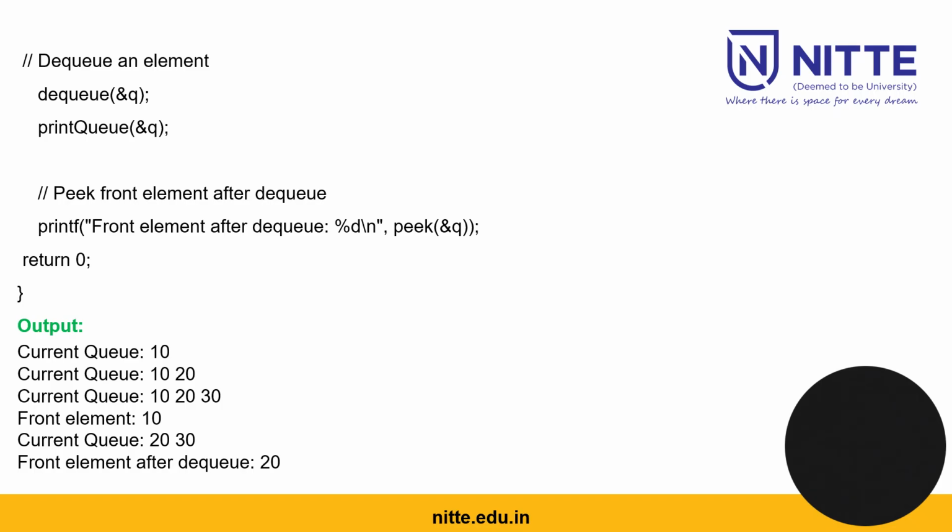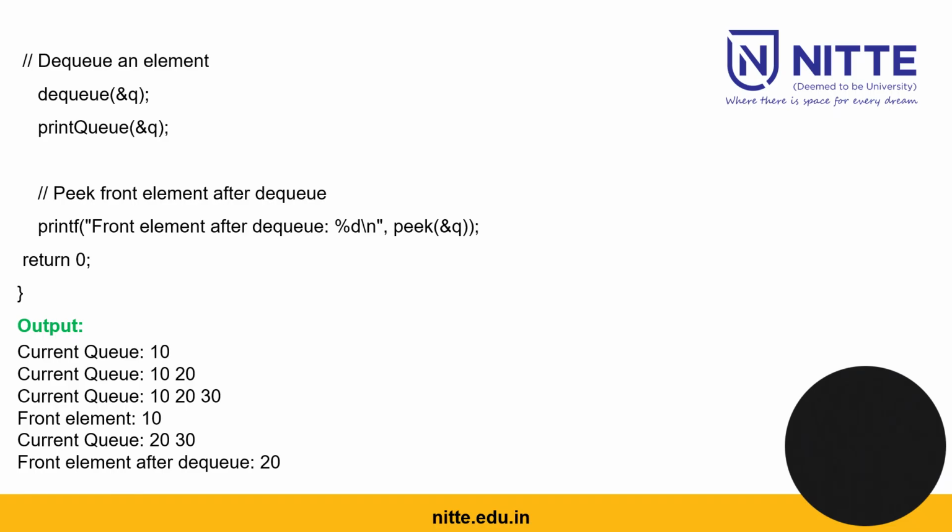Then we peek the front element again, because once I dequeue, the front element is another value, since the previous front element has been removed. Now the current front element will be peeked. That is why we will write printf("Front element after dequeue %d\n", peek(&q)), and then it will return.